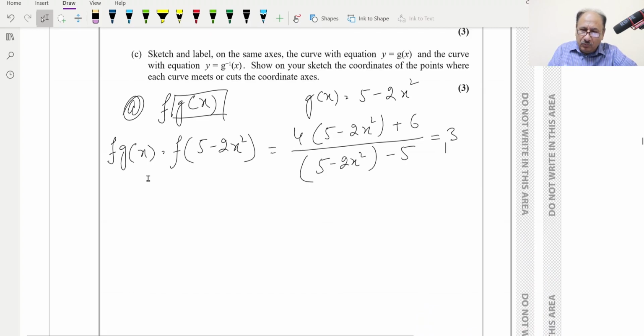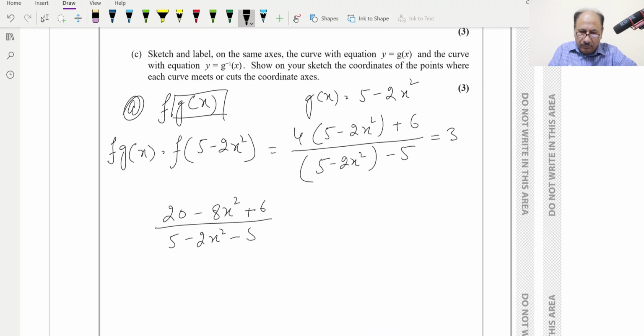We can open the bracket, so it will be 20 minus 8x squared plus 6, divided by 5 minus 2x squared minus 5, and the plus 5 and minus 5 will be cancelled, and we know this is equal to 3.